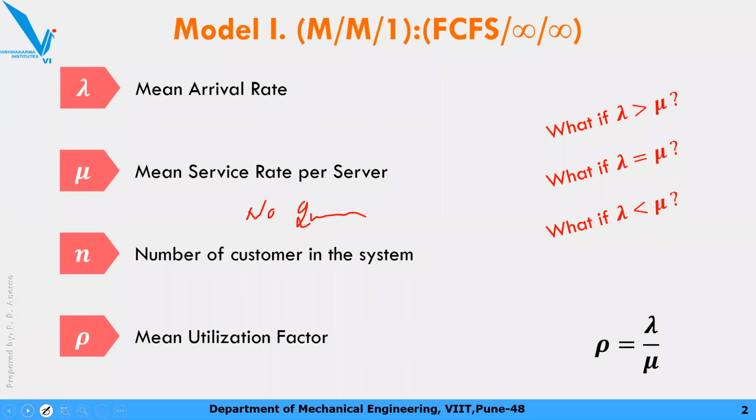There will never be a situation where we are facing a large queue or infinite queue, or even in certain cases our server may be idle for some time. Sorry, the server will take a break for some time. So this is the real situation. So in a realistic condition, lambda should be less than mu, or you can say the service rate should be more than the lambda.